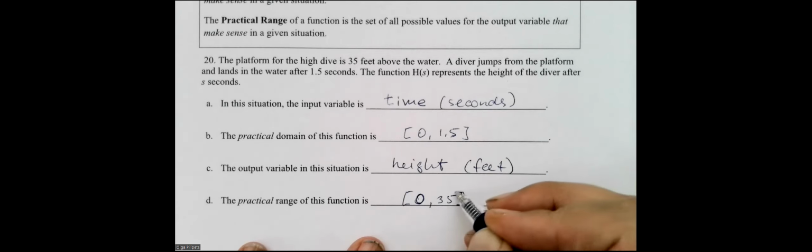Again, we're going to include both of those values because they are in the range. At some point, he will have a height of 0, and at the beginning, he has a height of 35 feet. So this is it for the practical domain and range. Proceed to the next video.